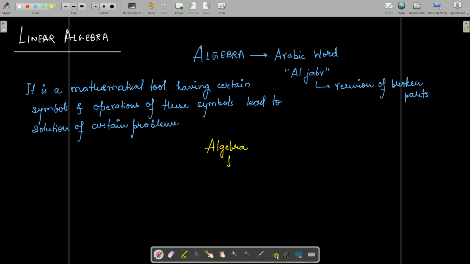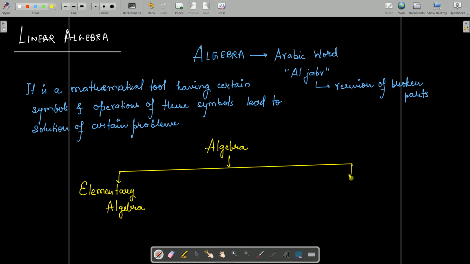in two major categories. First category is your elementary algebra, and the second category is your abstract or modern algebra.